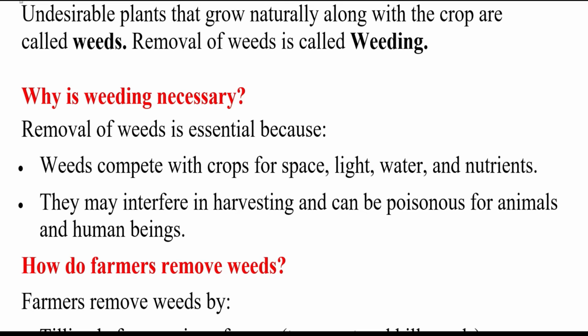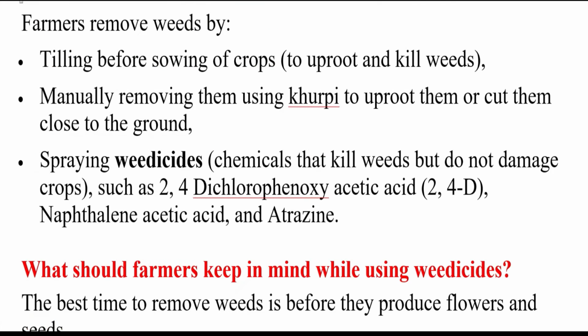Removal of weeds is essential because weeds compete with the crops for space, light, water and nutrients. They may interfere in harvesting and can be poisonous for animals and human beings. So we should remove the weeds.